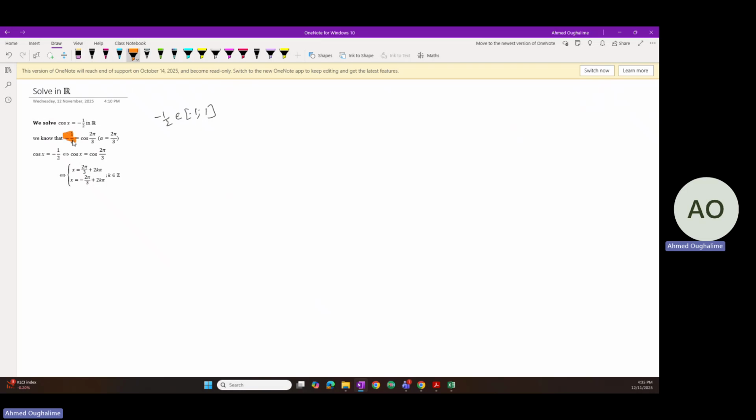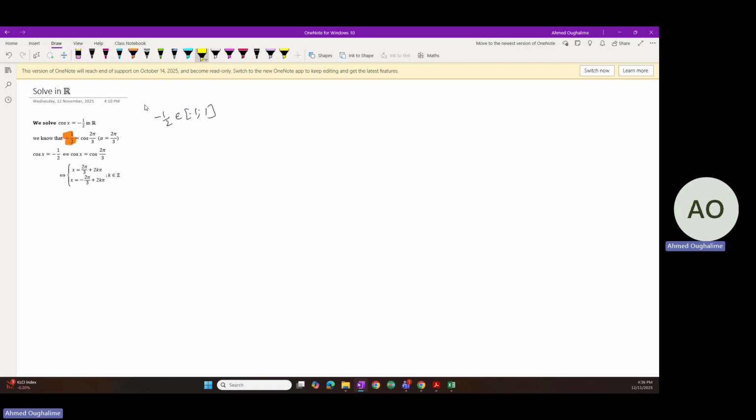Do we know the cos of some value in R which equals -1/2? It is a well-known value for us. I know that cos of 2 pi over 3 equals -1/2. So in this case, my alpha that I have to look for is equal to 2 pi over 3, and I start using my property.